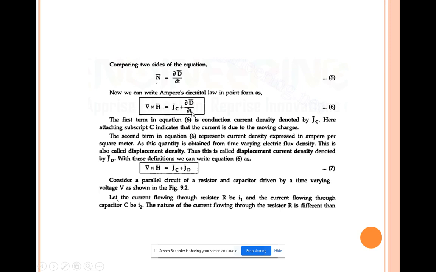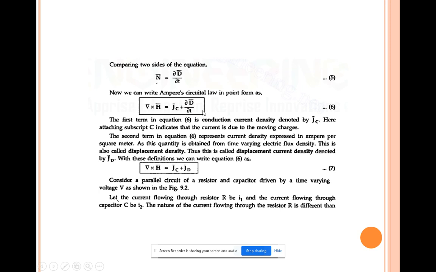The second term in this equation, that is dou D vector by dou T, represents current density in ampere per square meter. That is nothing but simply we can call it as a displacement current density JD vector. So you can replace the dou D vector by dou T as a JD vector.